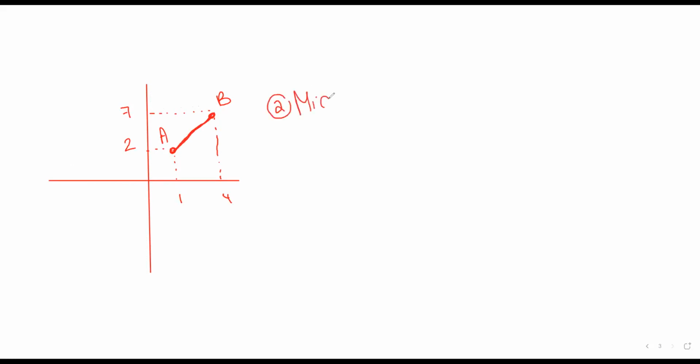Okay, now the second rule that we are going to discuss today: when you are given 2 points, I have point A here, 1 and 2, and I have point B which was 4 and 7. Okay, the second rule that we are going to discuss today is the midpoint rule.